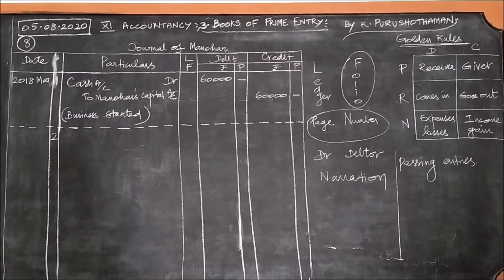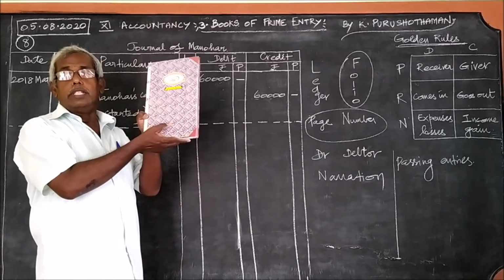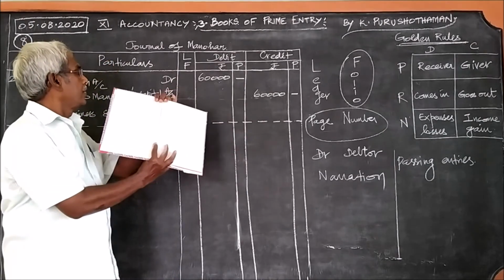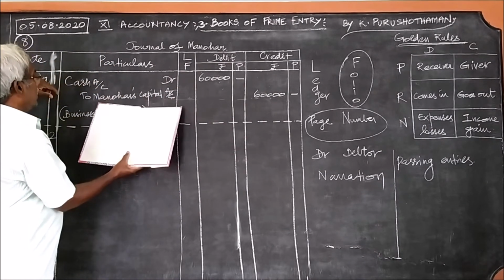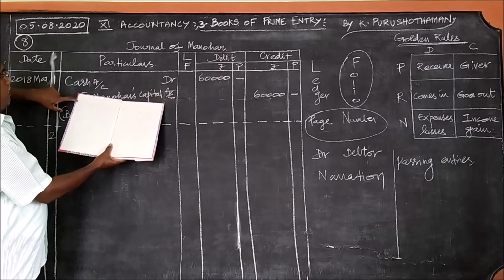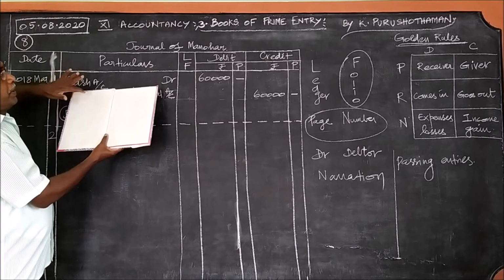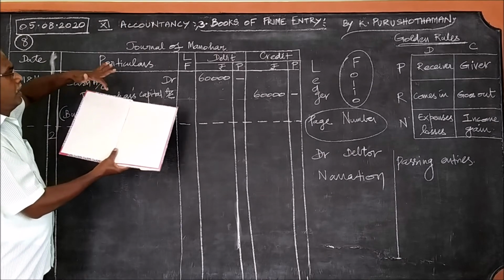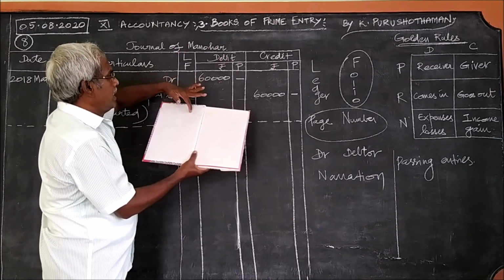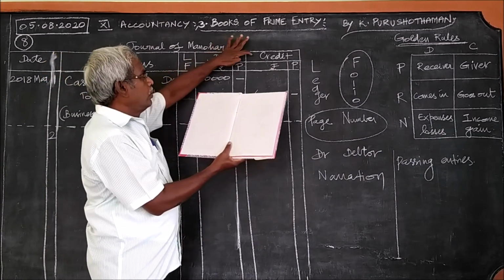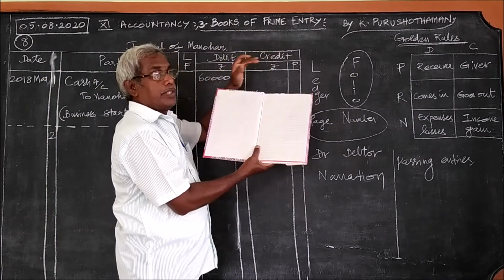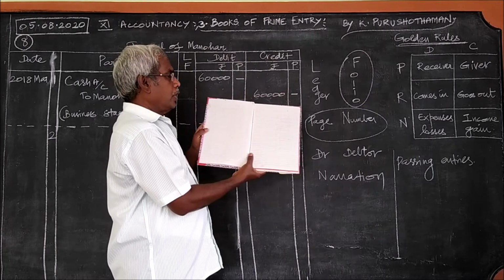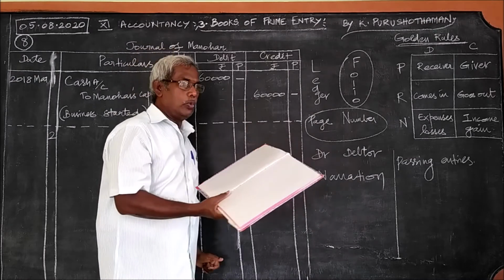One minute, pause right now. This is your accountancy notebook. You are using this page for dates, next one for particulars, third one for ledger folio, fourth one for debit rupees pies, and the fifth one credit rupees pies. The columns are there. You should open like this. How?